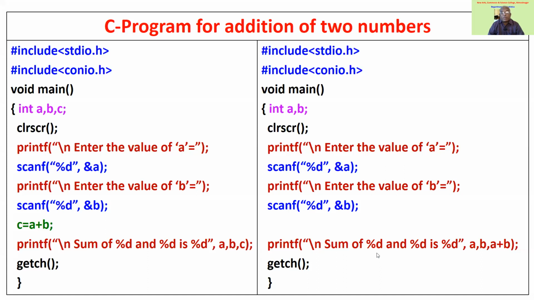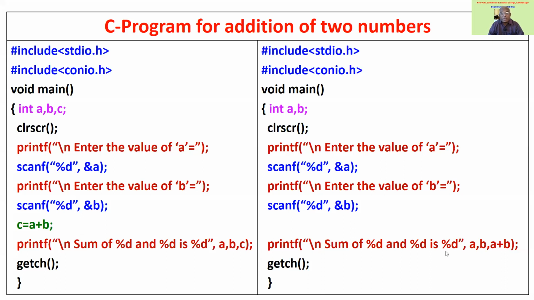printf sum of %d and %d is %d, and see the variables which I have used. For the first %d, A, which I have defined. Second %d, B, I have defined.